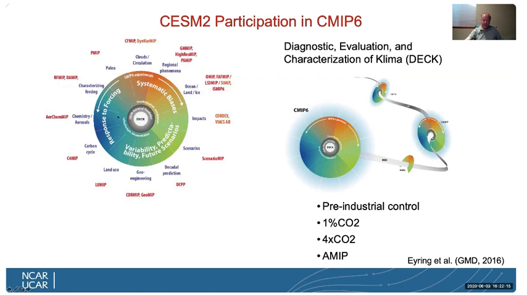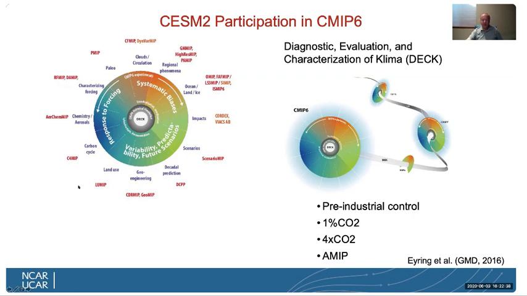Then on the left side here is the so-called wheel of fortune. DECK is at the center. We have the historical simulations shown in gray here, and around it there are broad scientific questions: range of systematic biases, variability, and response to forcing. Around that there are more specific topic areas.